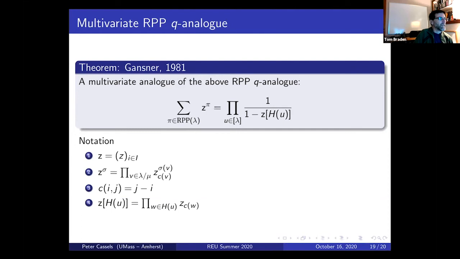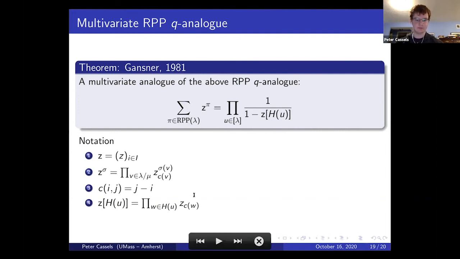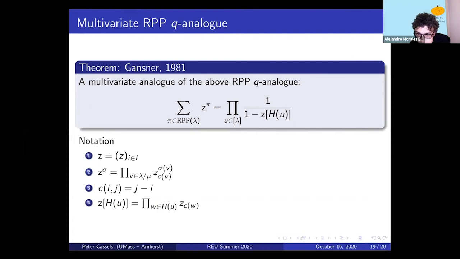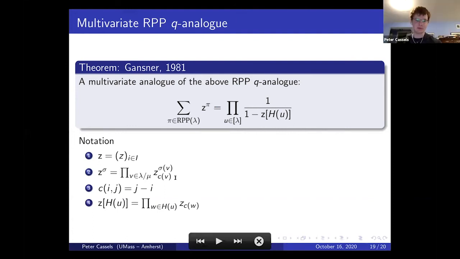Everything along the main diagonal would be content 0. So we're indexing the variables by content, the multivariate way of thinking about it. Instead of every cell contributing equally, the cells contribute as they're indexed by their content.